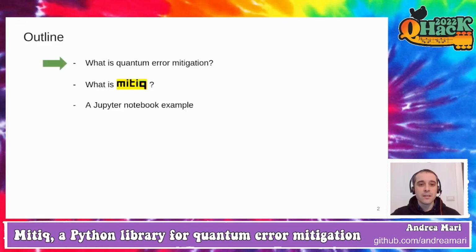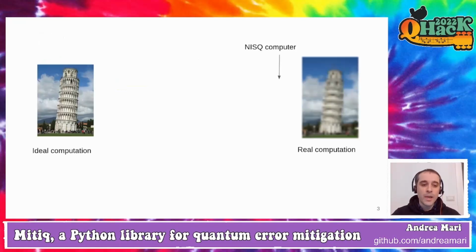So let me start with quantum error mitigation. The way in which I want to explain this is using an analogy. I want to use this idea of taking a picture of something, which in this case is the Leaning Tower of Pisa, but it could be any kind of object.